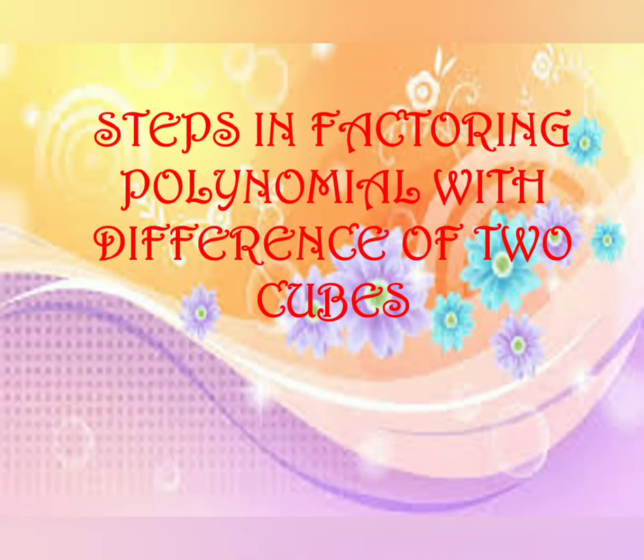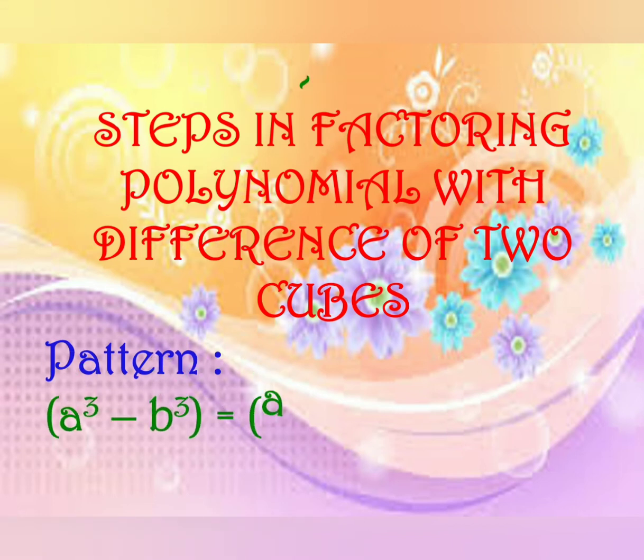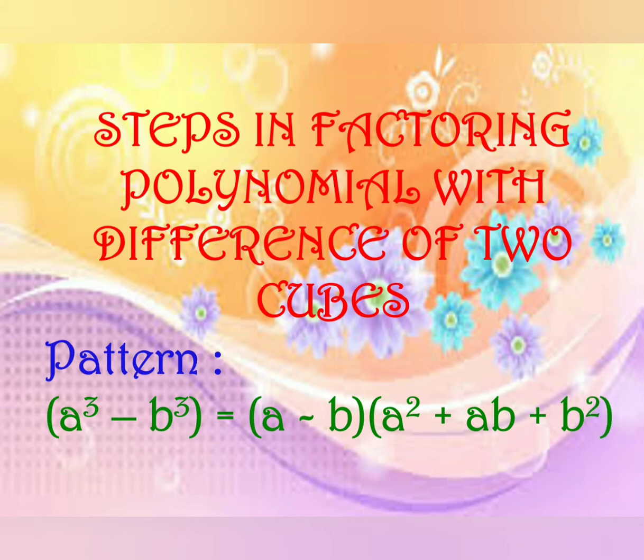So, steps in factoring a polynomial with a difference of two cubes. We can only use the pattern quantity a cubed minus b cubed equals quantity a minus b times quantity a squared plus ab plus b squared.